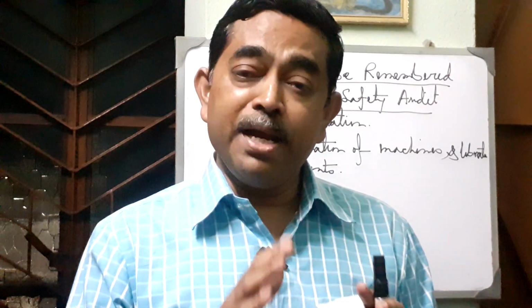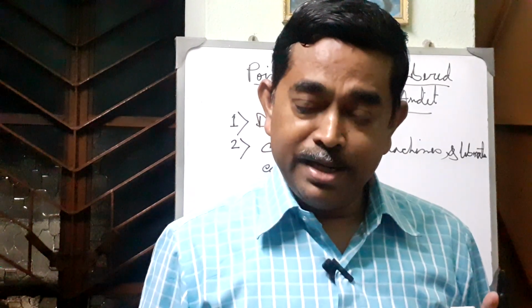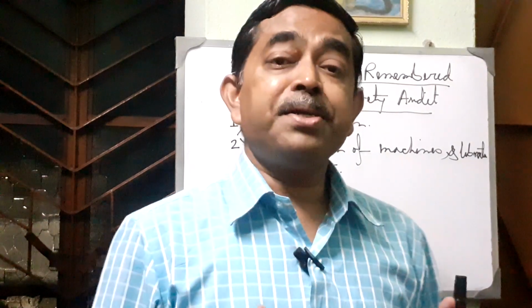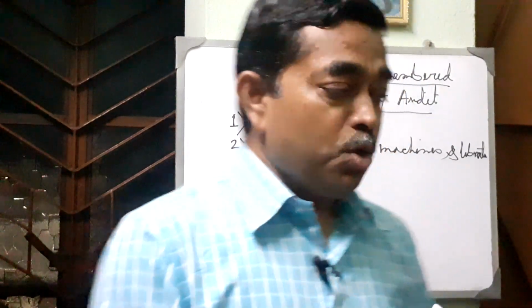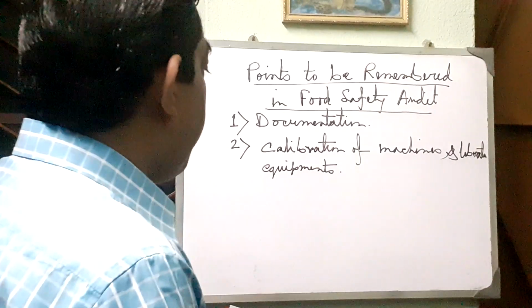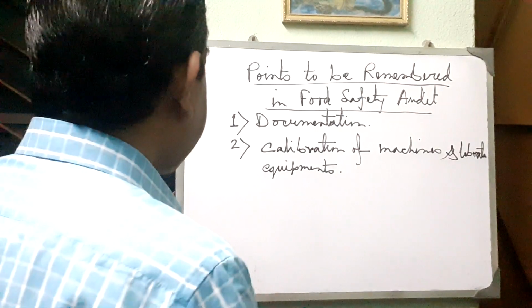You can do it by your internal resources, but it should be done once a year by an external agency. It is mandatory, and you have to keep the calibration certificates. So this is another important point to be remembered.